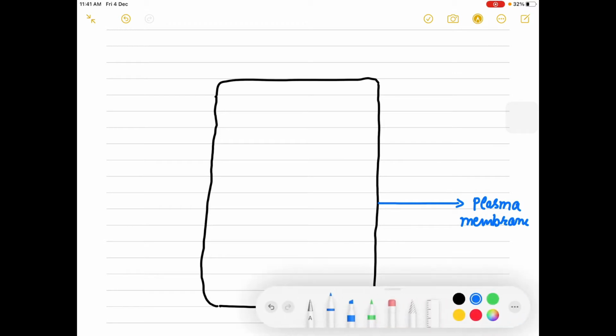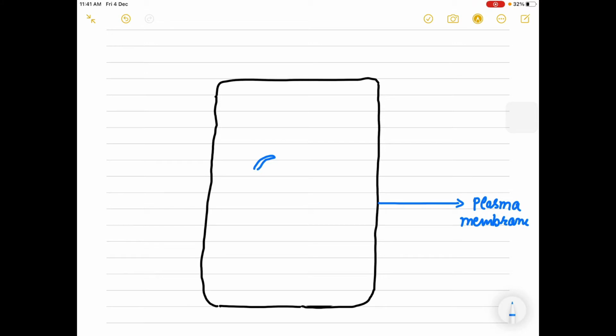The next thing we are going to do is draw the nucleus. Unlike in the plant cell, where the vacuole occupies most of the parts and only the vacuole is visible, so the nucleus was in the corner, in the animal cell it is the opposite. The animal cell has the nucleus in the center, right?